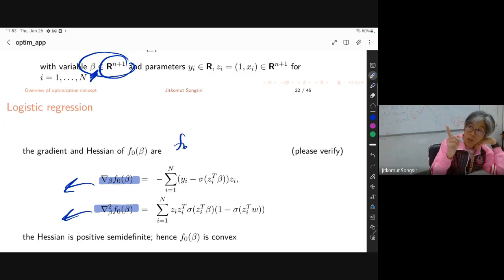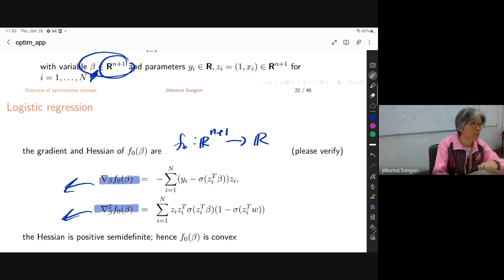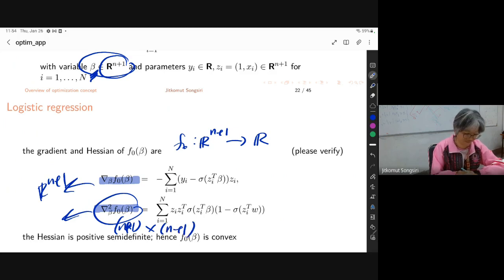My cost objective f naught is a function of beta, so it's a function from R^(n+1) to R. It's a scalar value function, but it's a function of several variables. So my gradient is going to be in R^(n+1). My Hessian is going to be a matrix of size n plus 1 times n plus 1.